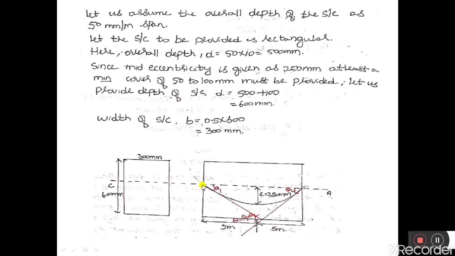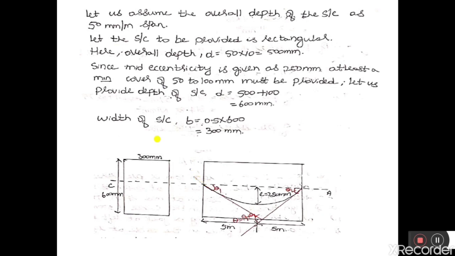We don't know what is the initial pre-stressing force applied at this left end, but we know that the initial pre-stressing force at this end is 250 kilonewton, and we know that the initial pre-stressing force at jacking end will be more than this end. That is, the initial pre-stressing force at left end will be more than right end because here the force is applied and there is no loss of force due to friction.